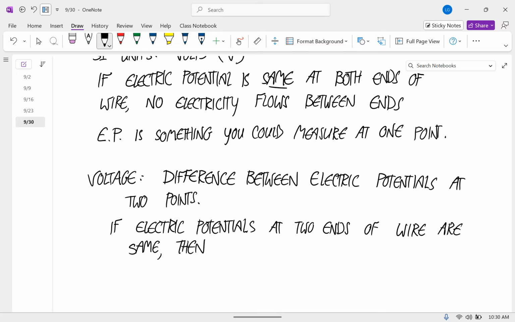Okay, even if the electric potentials are really high. So the voltage is just measuring the difference in electric potentials.